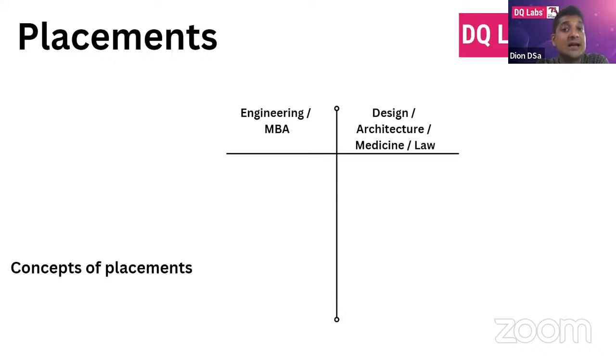But in design, architecture, medicine and law, it's not that way. They're looking for people who have passion in certain areas. In law, am I interested in criminal law, corporate law, intellectual property law, civil law? People are looking for specialists.